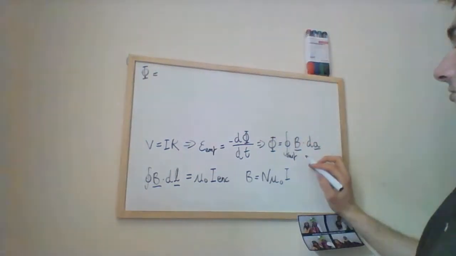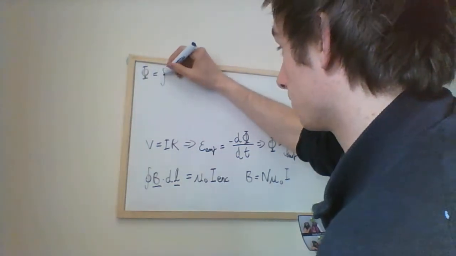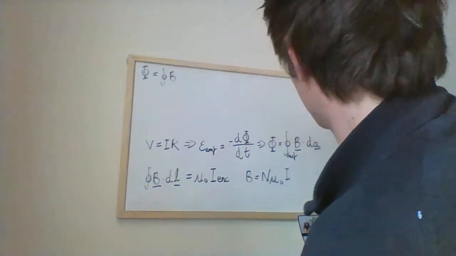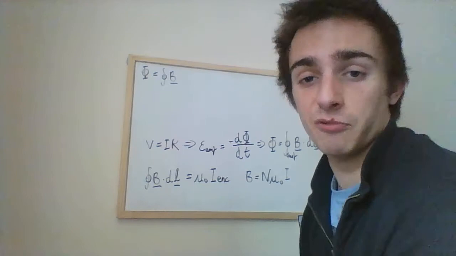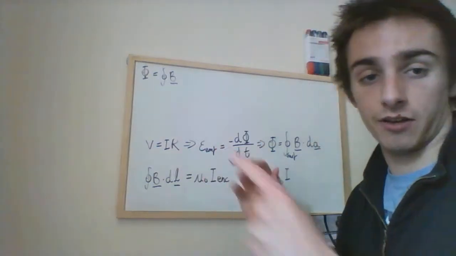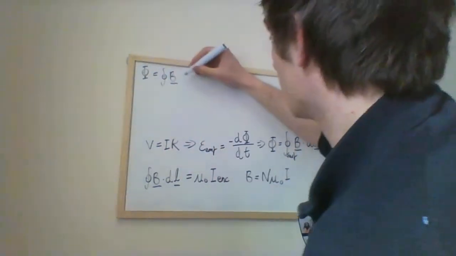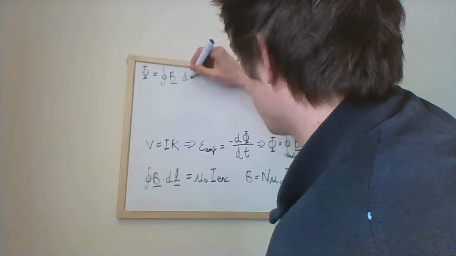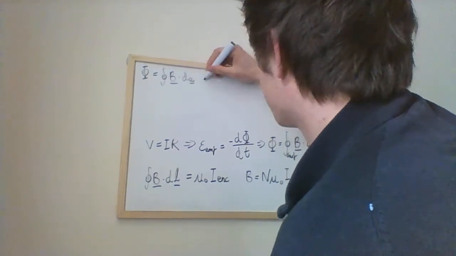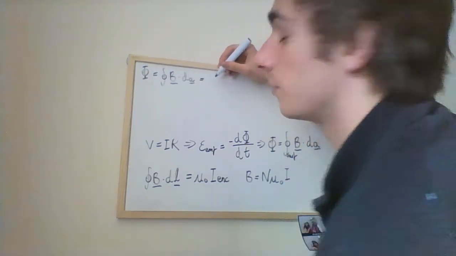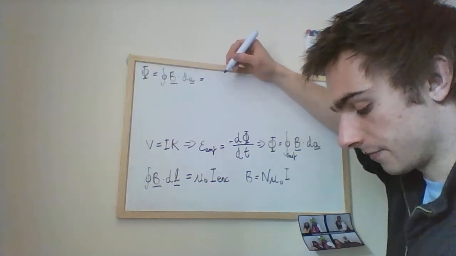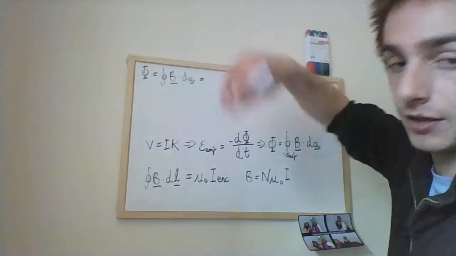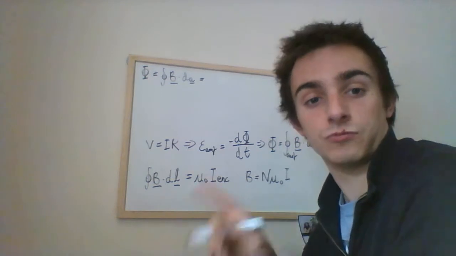we then use this expression, so surface. I want the flux that's going through the loop of wire, so I want to find the area of the wire that it's going through. So the area of the wire is equal to pi r squared, just a loop of wire.